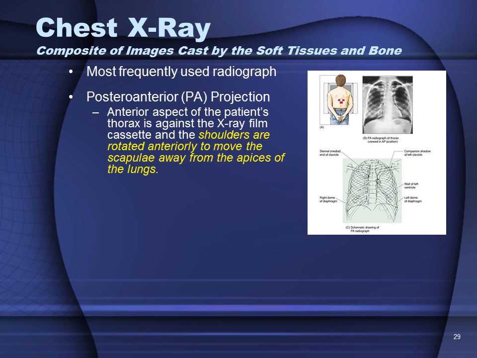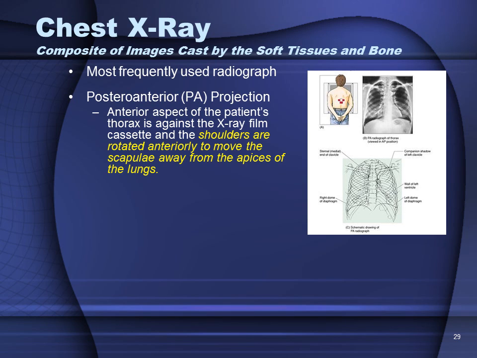It is the most frequently used radiograph and most frequently taken in the posterior, anterior, or PA projection. This is the standard. So the emitter is behind the patient as they are standing, and the cassette, or the bucky containing the cassette, is on the anterior aspect of the patient.